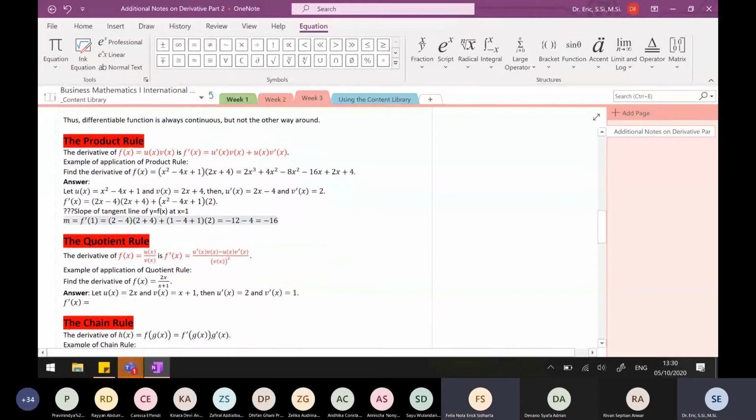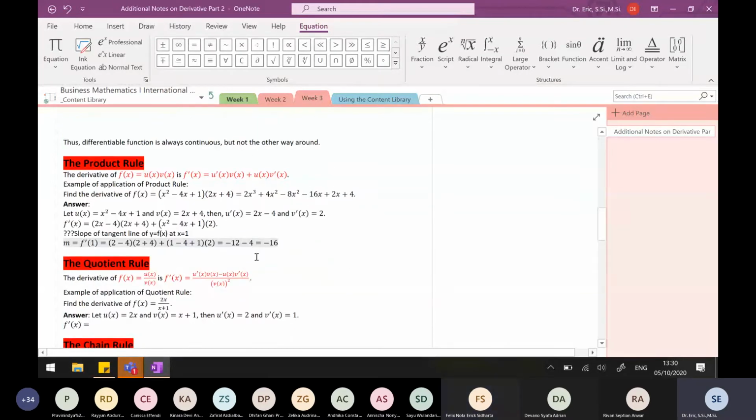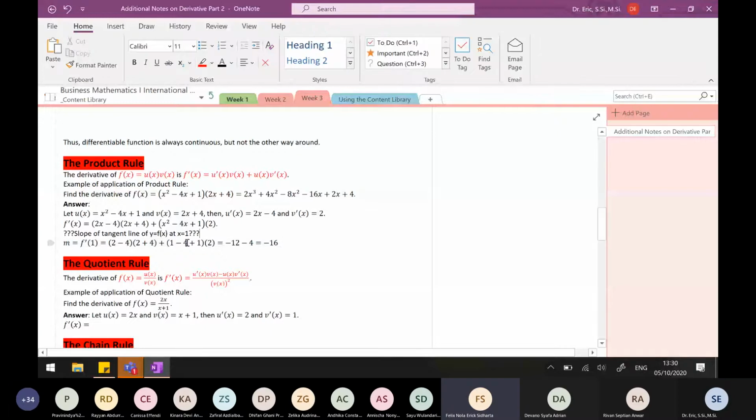Pak, saya mau nanya, Pak. Yes, your name, sorry? Felix, Pak. Okay, Felix. Saya lagi ngelihat penjelasan Bapak yang slope of tangent line itu. Apakah nge-plug in satu itu bisa selain satu, Pak? Maksudnya kenapa satu?